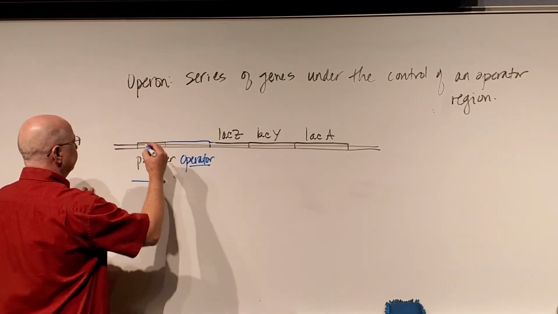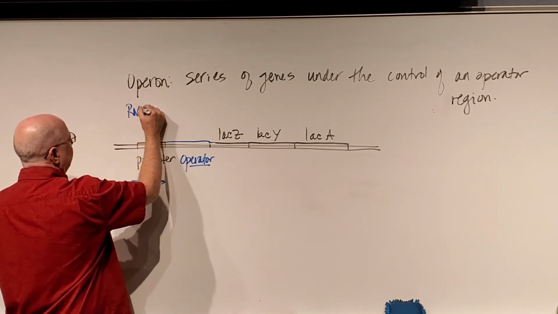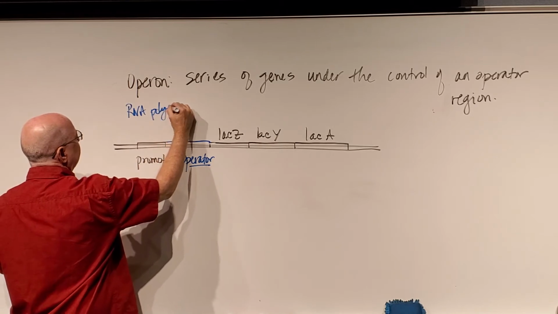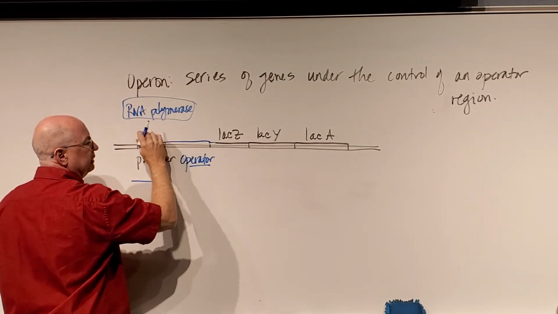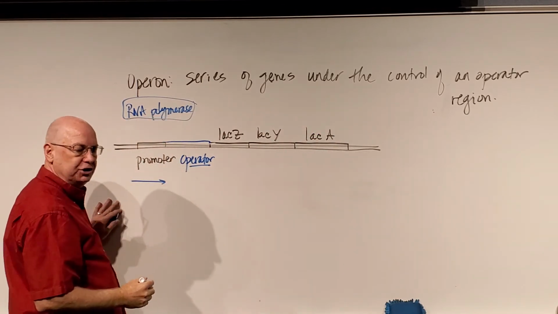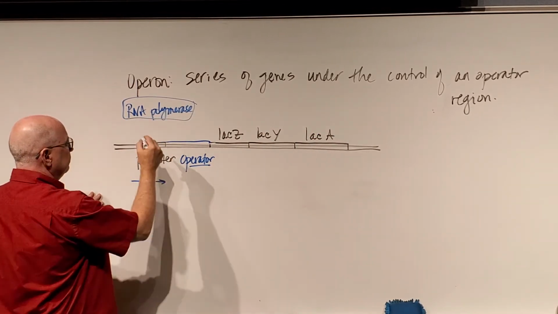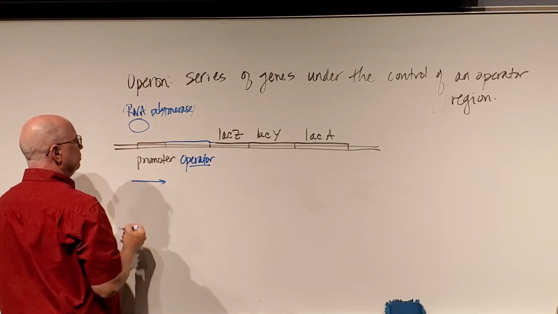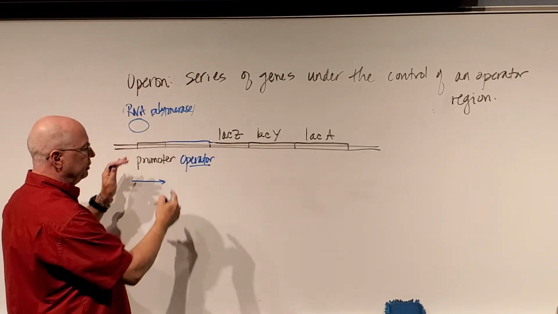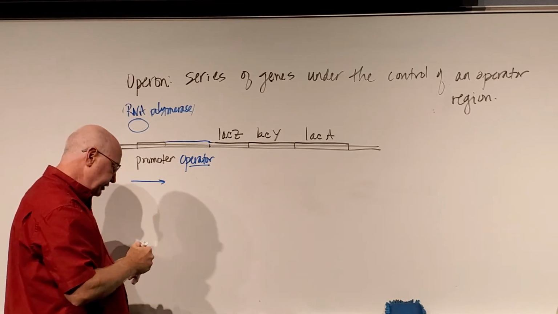So here's the deal. We have a molecule called RNA polymerase, which is an enzyme, and RNA polymerase wants to bind here and start transcribing these genes. Well, and I'm going to make RNA polymerase smaller than this, but RNA polymerase, this molecule, wants to bind to the promoter and express these 3 genes.